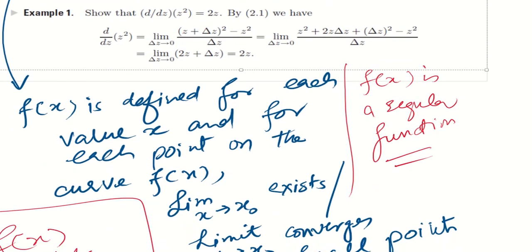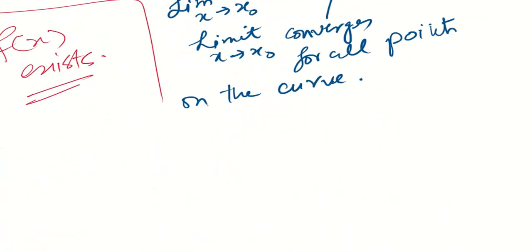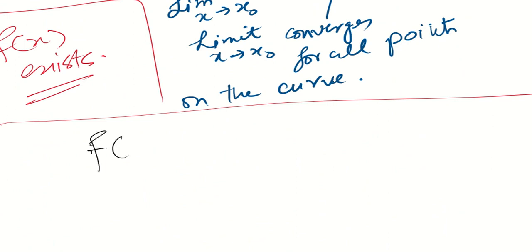So let's say that we have a function in complex variables. F of z is z squared. So we now have to determine whether this function is a regular function or not.